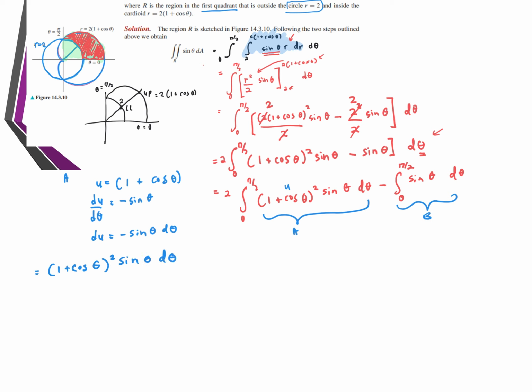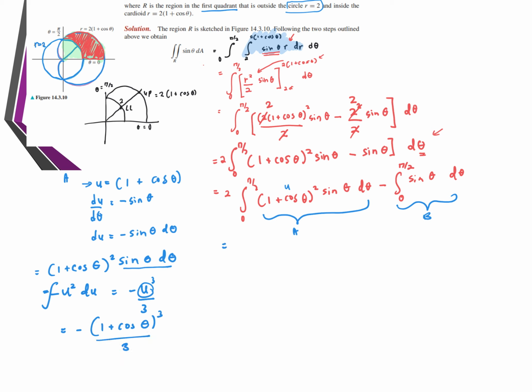Now we substitute 1 plus cos theta is equal to u. This one is u square, and sin theta d theta is equal to negative du. Now we can integrate this one. We will get negative u cubed over 3. Now we substitute our u. We will get negative (1 plus cos theta) cubed over 3.